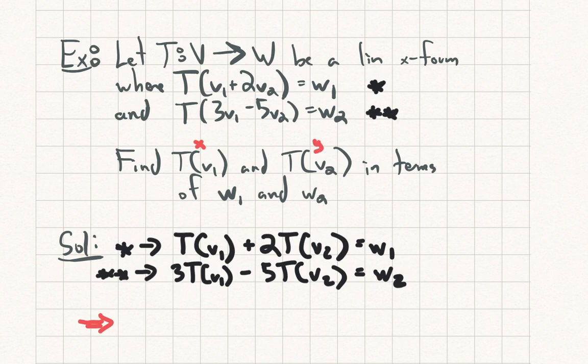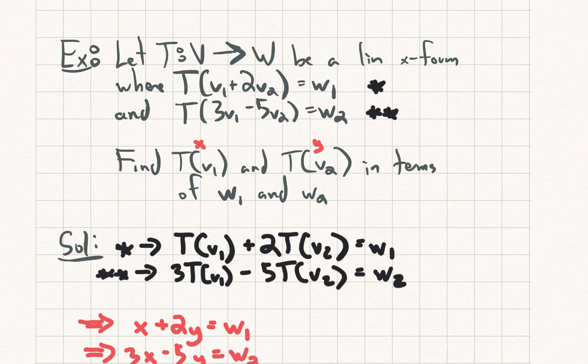You don't need to do this, but just so it looks more familiar. This is solving something along the lines of x plus 2y equals W1, which is just along for the ride, and 3x minus 5y equals W2.